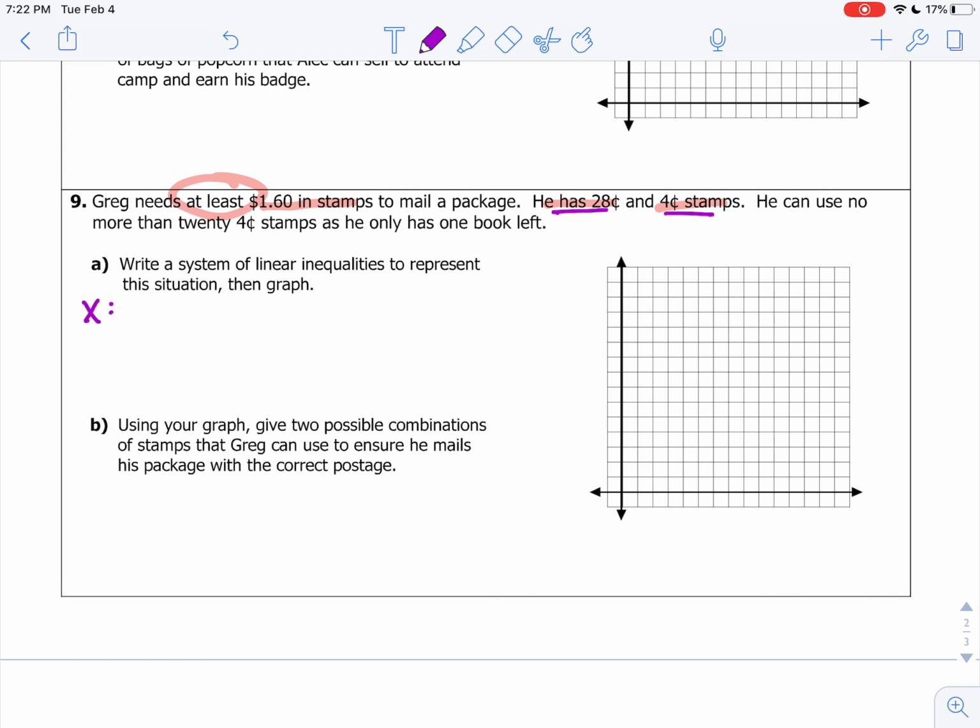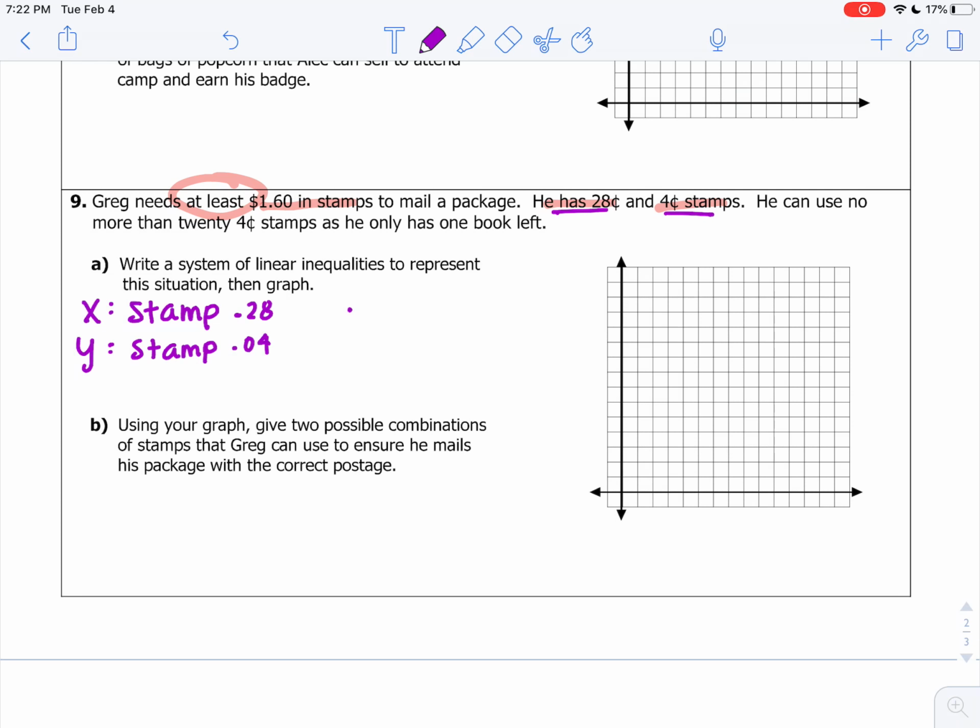honestly, we'll just say, I don't know, x is the stamp for 28 cents. It doesn't really tell us. And then we'll say y is the stamp for 4 cents. Remember, 4 cents is 0.04 when you put it in a decimal, right? It's like 4 pennies.